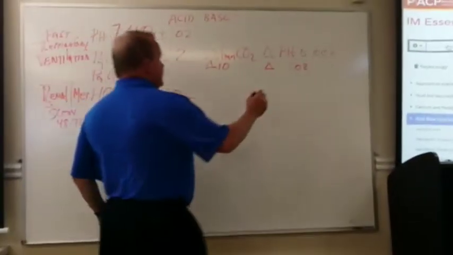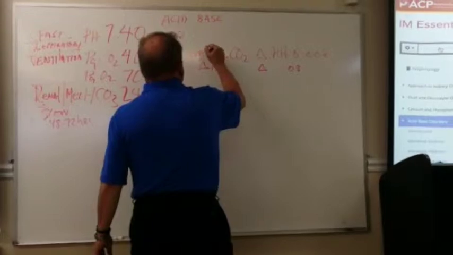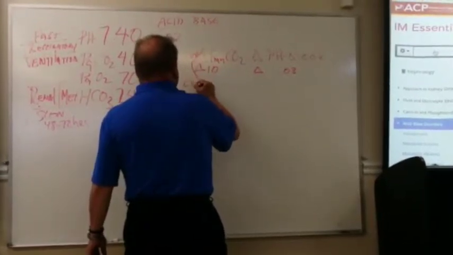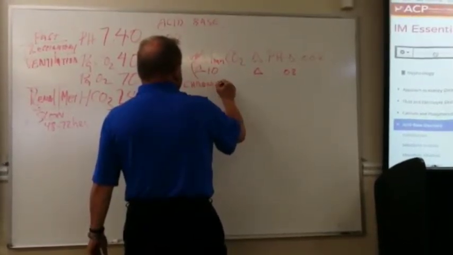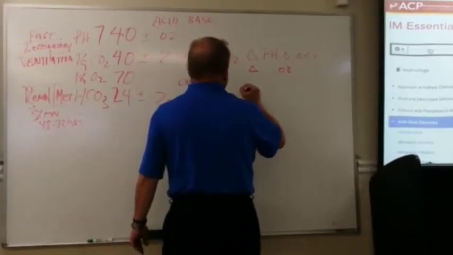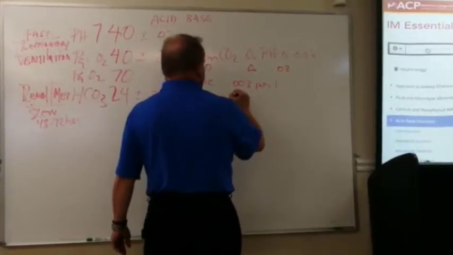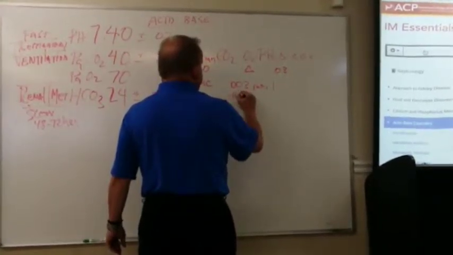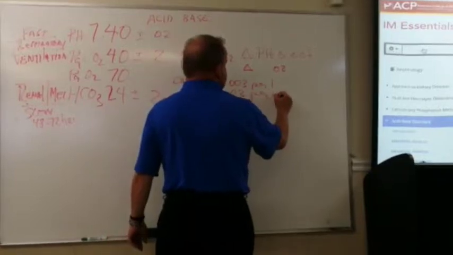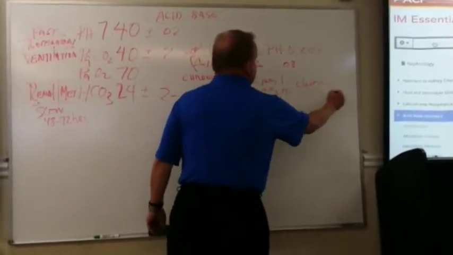Now, this is acute. Chronic, it's multiplied by 0.003 per 1, or 0.03 per 10. And it's a chronic respiratory problem.